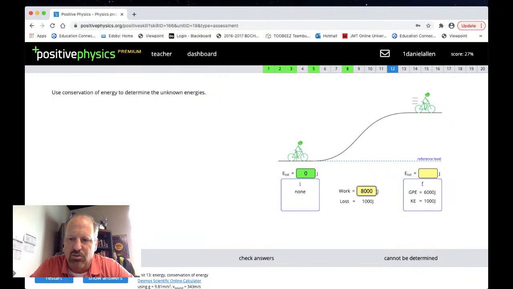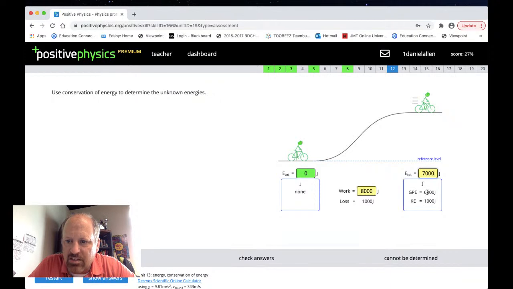So 8,000 joules of work with a minus 1,000 joules of loss should equal the total energy change, which would be 7,000 joules. It's not letting me enter that right now. I don't know what the deal is here.